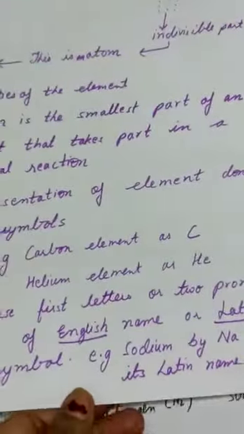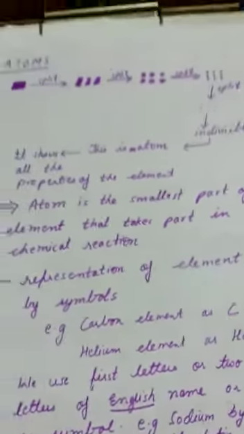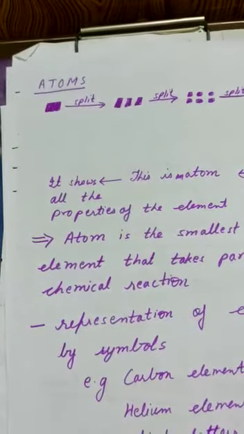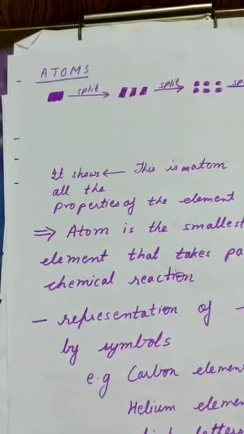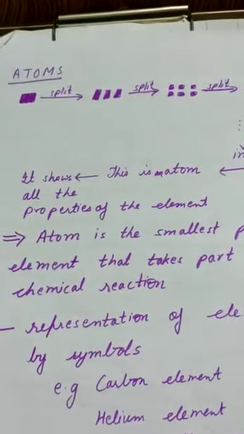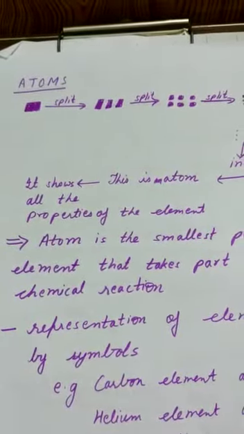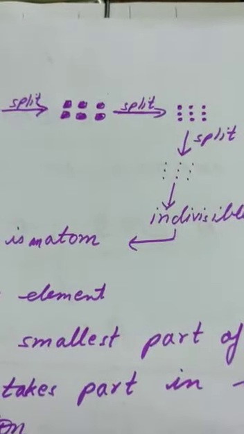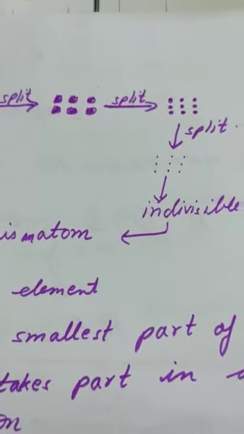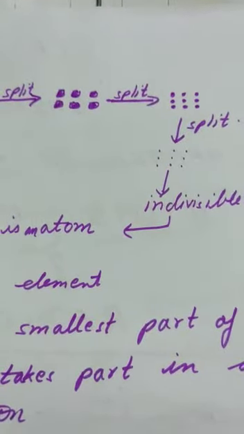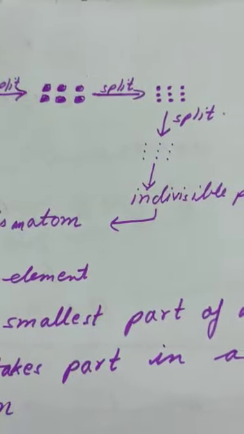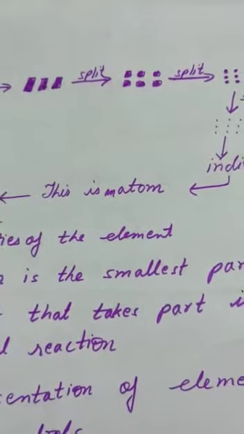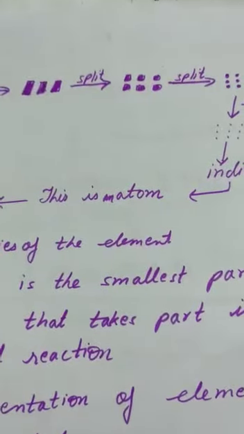Now let us learn more about atoms in detail. If this is a matter, matter splits into pieces. When we further split, it splits into smaller pieces and then still into smaller pieces. But a stage will come when that matter cannot be split further, and that indivisible part is known as atom.